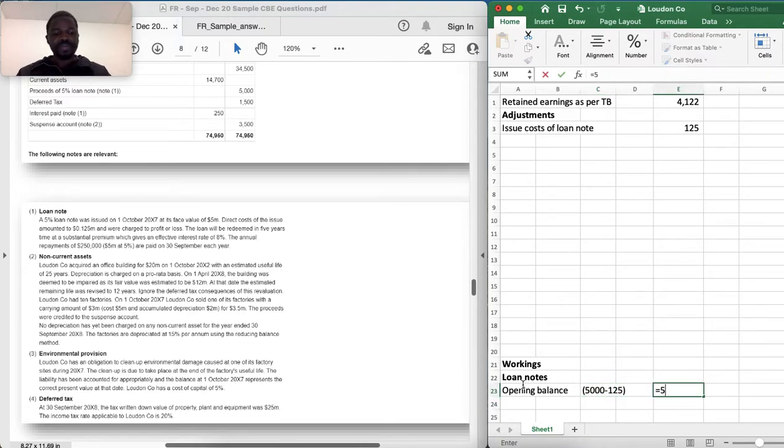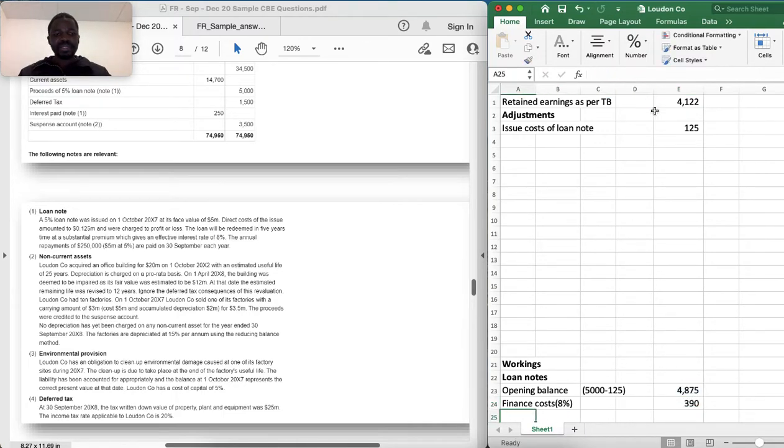So we say 5,000 less 125 issue cost. That's the opening. Then we have to charge the finance costs using the effective interest rate. So we'll say opening balance multiplied by 8%. We do not need to prorate that, as it was issued at the beginning of the year.